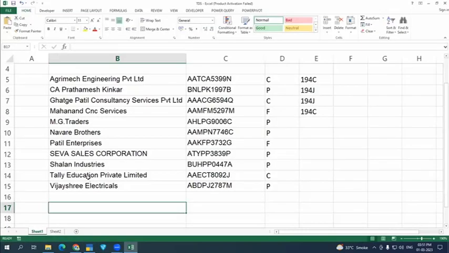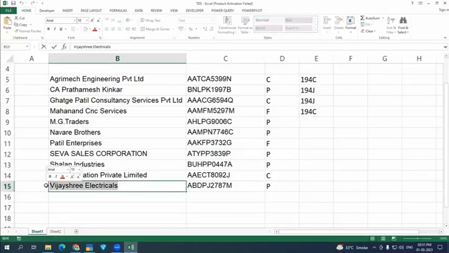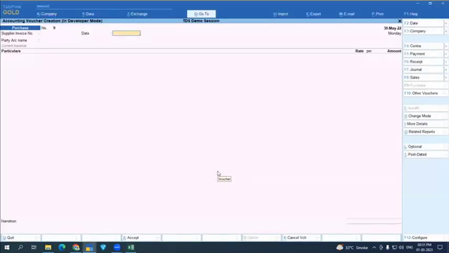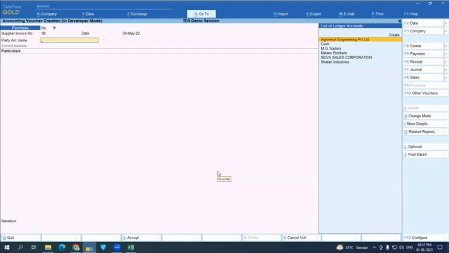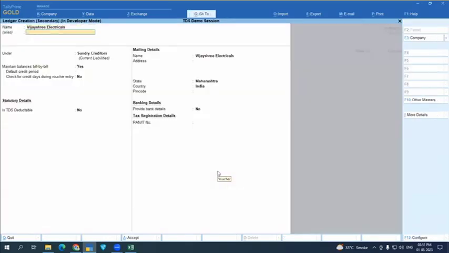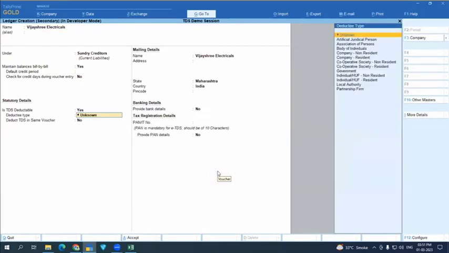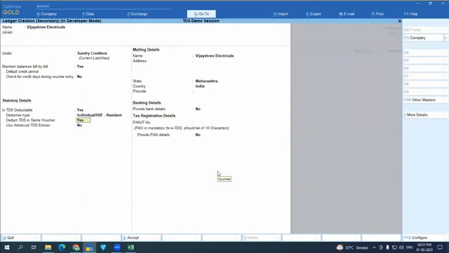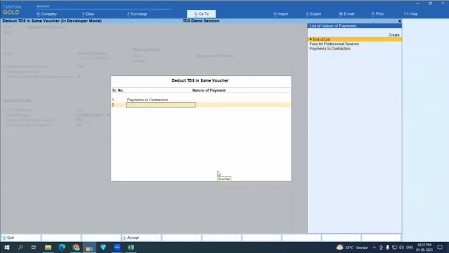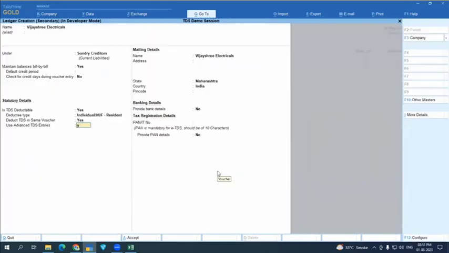And slightly fast, I am taking one more party with no deduction, zero deduction. So first I'm creating the TDS. Yes, it is a resident, and yes, payment to contractor and advance entries.